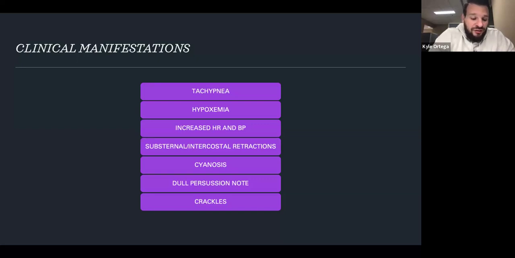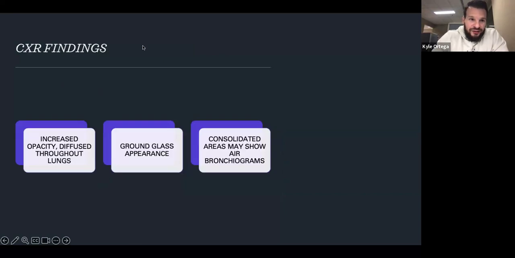With severe ARDS, you have a decreased pH, increased CO2, increased or normal bicarb with decreasing PaO2 and SaO2. Pretty much the clinical manifestation of ARDS is respiratory distress, which you'll find on the X-rays as increased opacity throughout, the classic ground glass appearance, and then obviously consolidated areas.